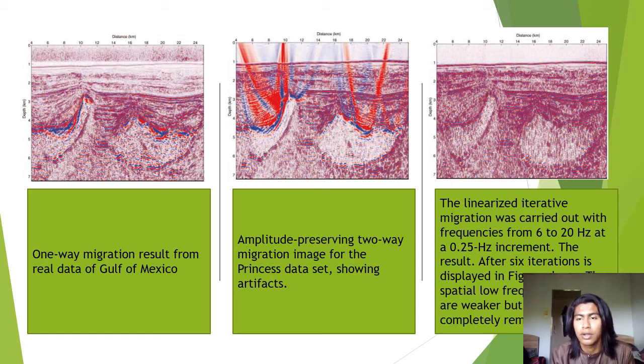The linearized iterative migration was carried out with frequencies from 6 to 20 Hz at 0.25 Hz increments. The result after 6 iterations is displayed in the figure above, and the spatial low-frequency artifacts are weaker but have not been completely removed.